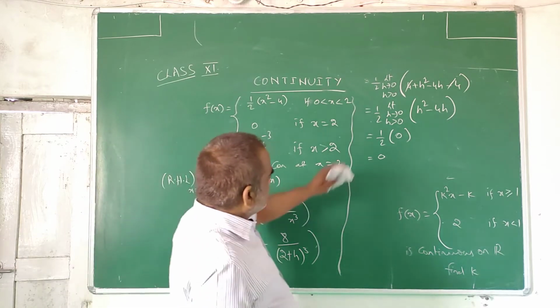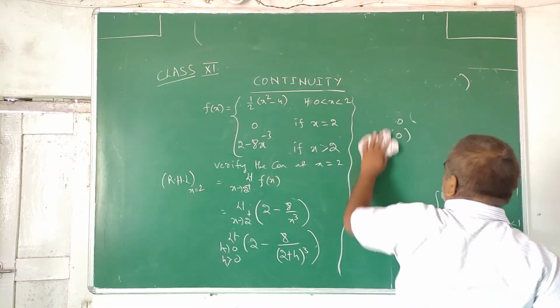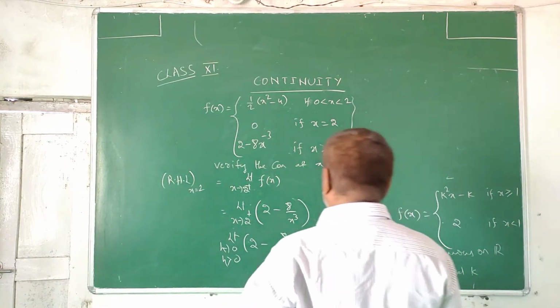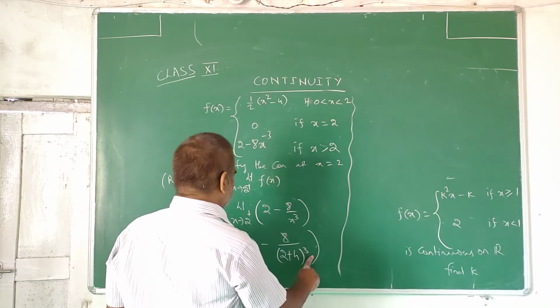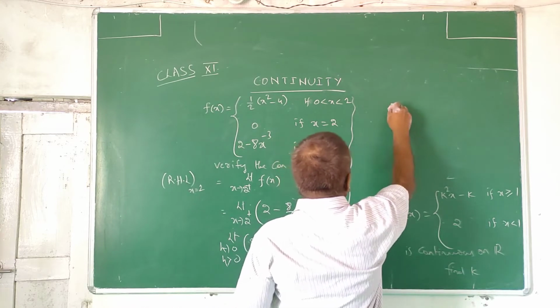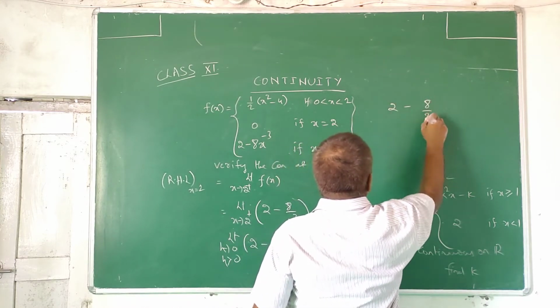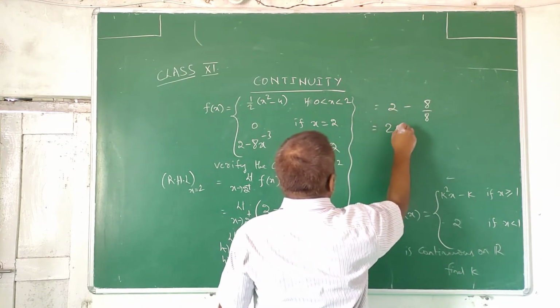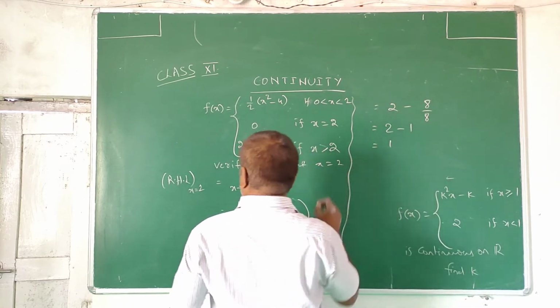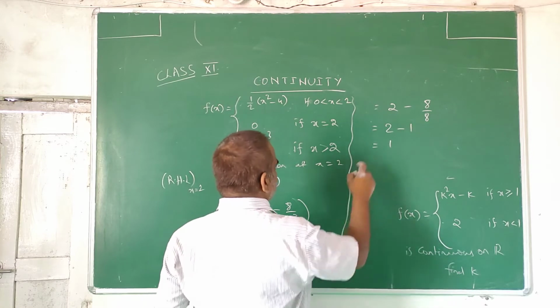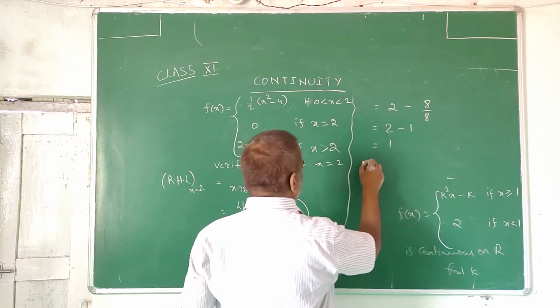If you put 0, you get 2 cube is 8, so 2 minus 8 by 8 is equal to 2 minus 1. This is 1. So RHL you got 1, LHL you got 0.